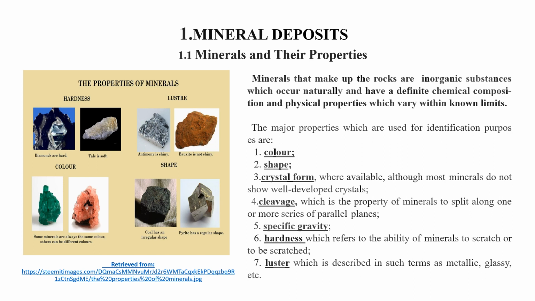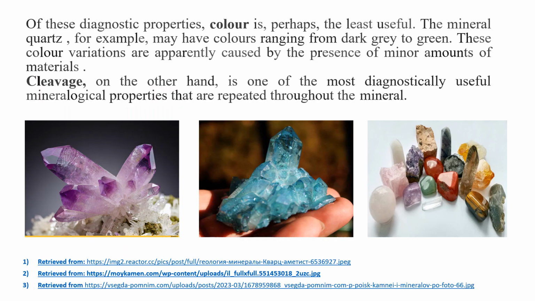4. Cleavage, which is a property of minerals to split along one or more series of parallel planes. 5. Specific gravity. 6. Hardness, which refers to the ability of minerals to stretch or to be stretched. And 7. Luster, which is described in such terms as metallic, glassy, etc. Of these diagnostic properties, color is perhaps the least useful.